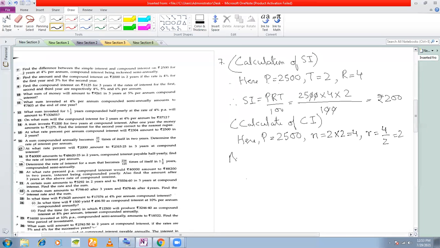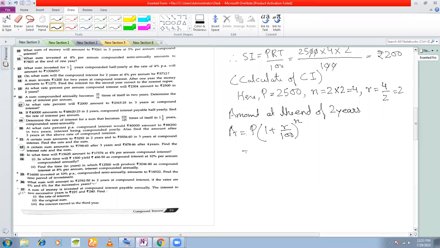So what is the amount at the end of 2 years? After 2 years, how much are you getting? A is equal to P into 1 plus R by 100 to the power of N. Put the values. So you cancel here. Now you take the LCM.